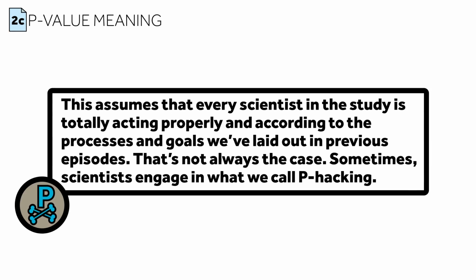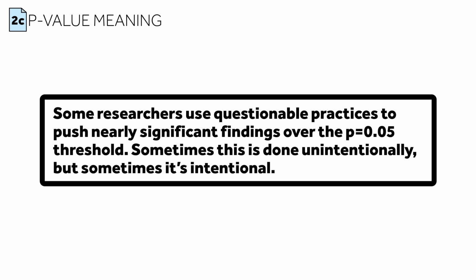It gets worse. This assumes that every scientist in the study is totally acting properly and according to the processes and goals we've laid out in previous episodes. That's not always the case. Sometimes scientists engage in what we call p-hacking. Some researchers use questionable practices to push nearly significant findings over the p equals 0.05 threshold.